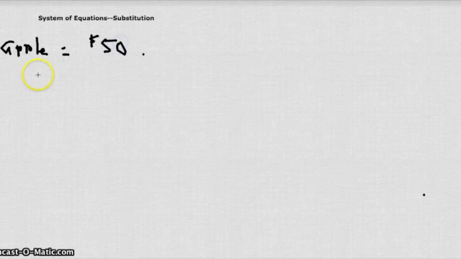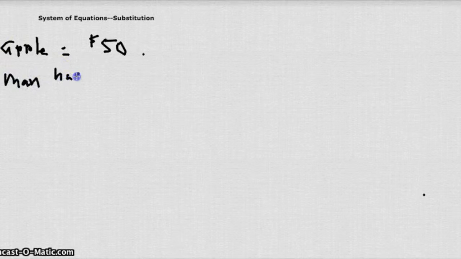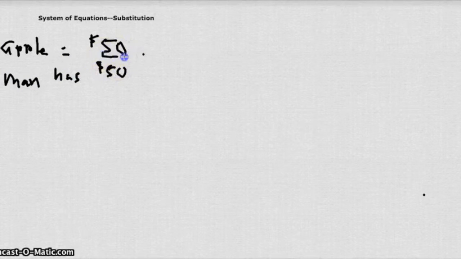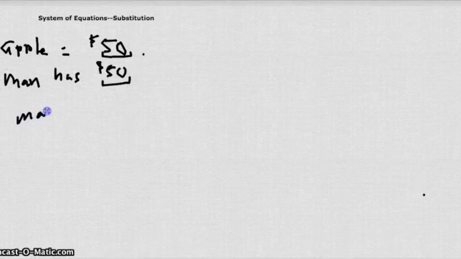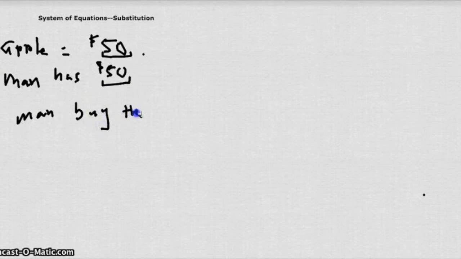So for example, you have an apple of $50, okay, and a person, a man, has $50. Since $50 is equal to $50, we can say that the man can buy the apple.